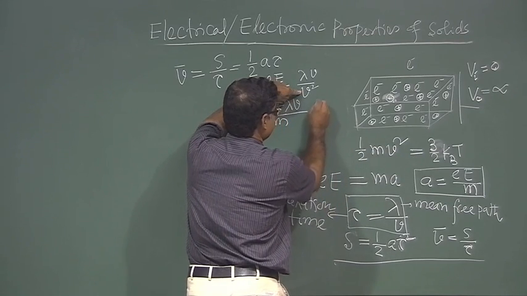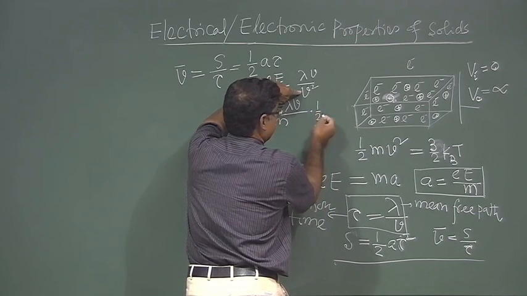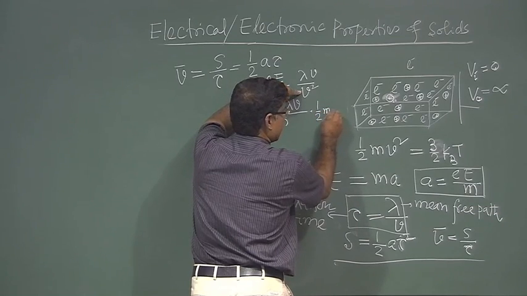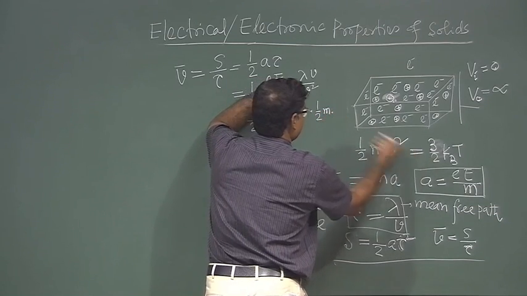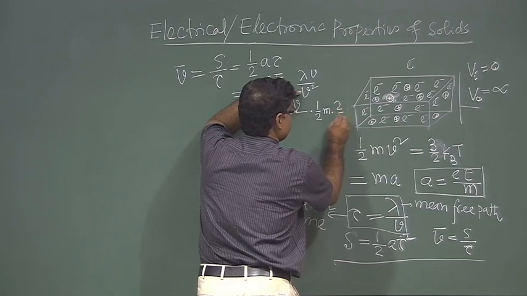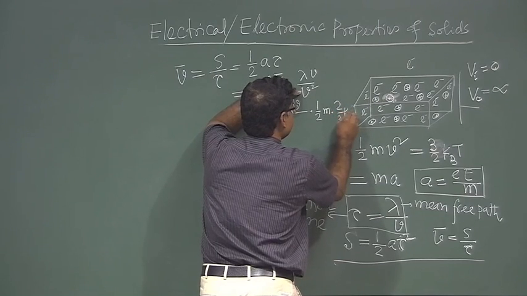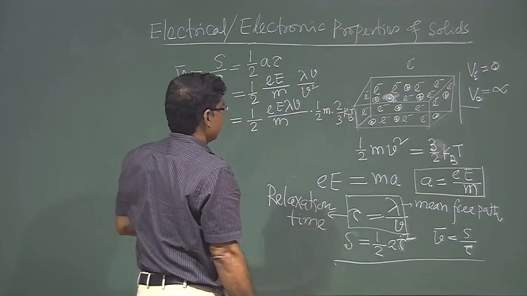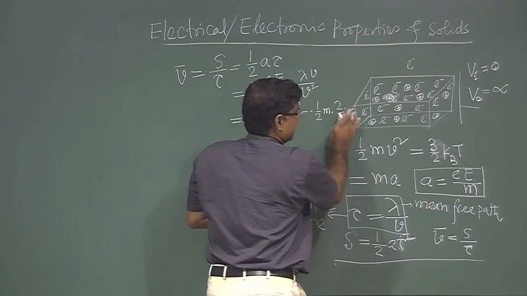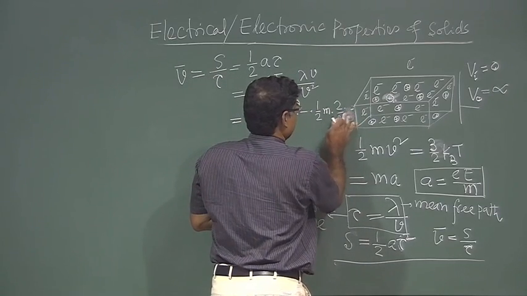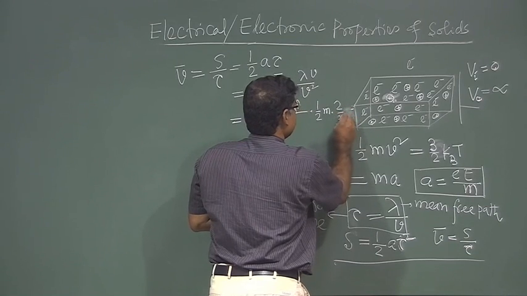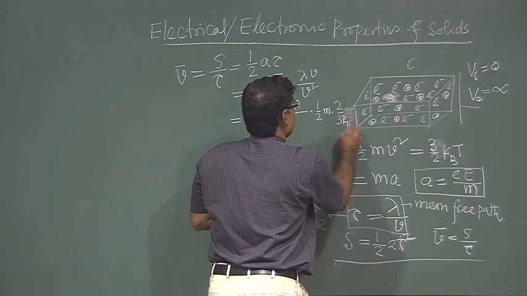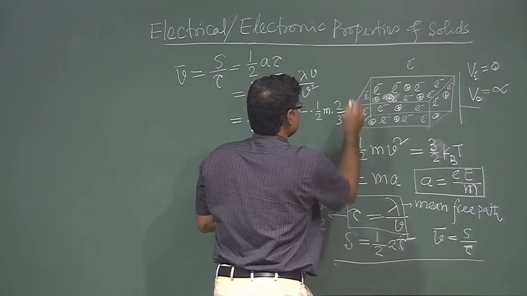So, 1 by v square I will get half m, 3 k b T, right. Sorry, it has to be 3 k B T, right.